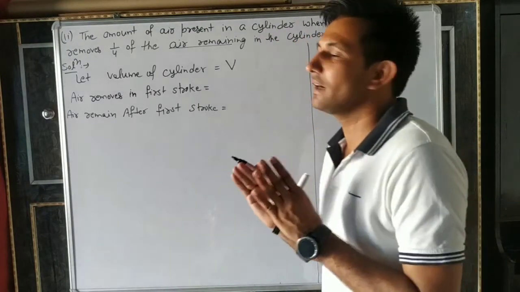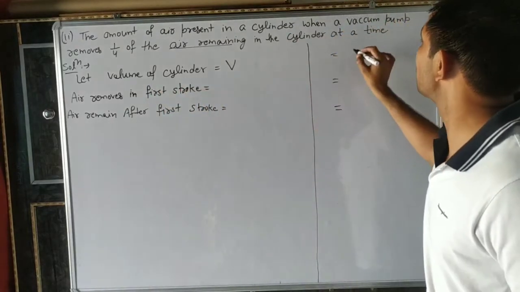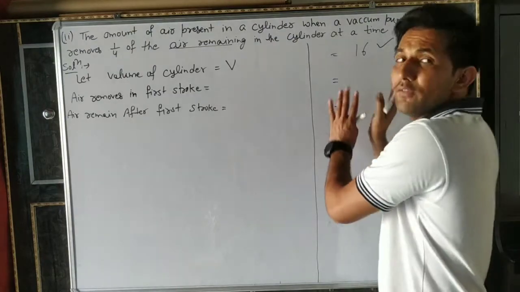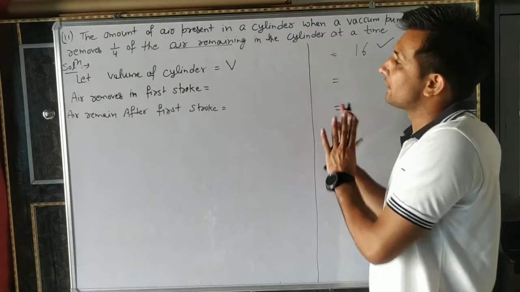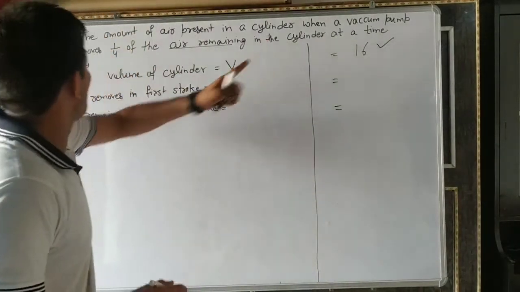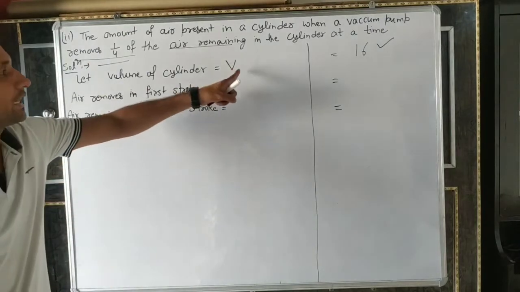Understand just by an example. Suppose we take the total volume of the cylinder as 16. It is only for rough work, okay? Just for an example, but we will take V. Now everyone knows how much air is removed? 1/4.